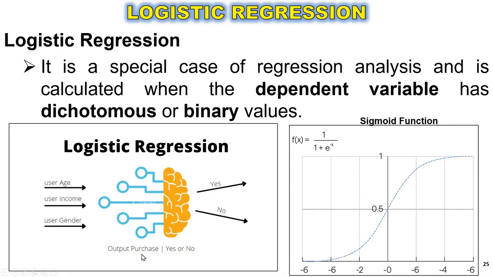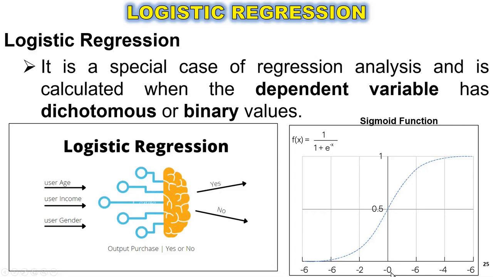The logistic regression uses the sigmoid function, which is an activation function where the predicted probability will fall from 0 to 1 only. 0 will be the lowest result and 1 will be the highest result. 1 will be the positive and 0 will be the negative.